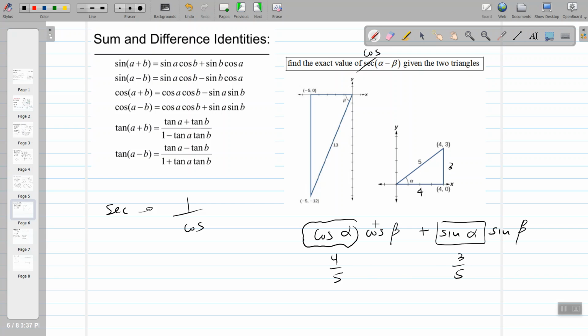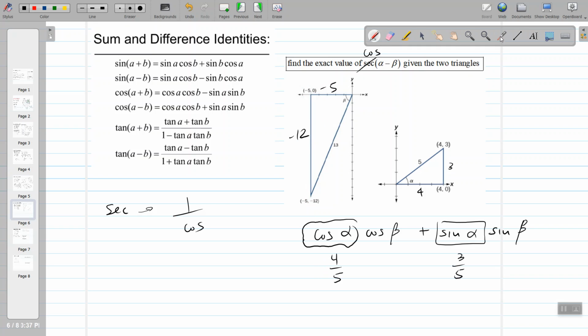If we move on to beta, again, it's root 13, it's 13 this way. And if it's -5 over here and -12 over here, that means I went -5 this way and -12 that way.